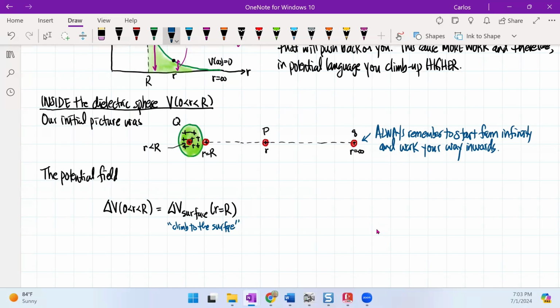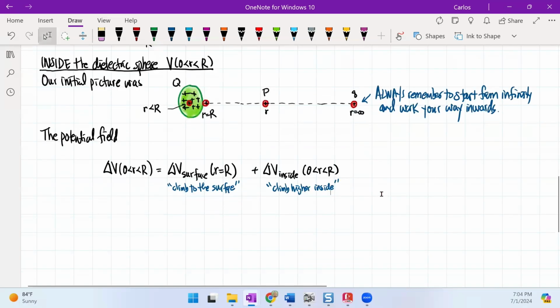Once I climb to the surface, now I can climb into the surface. Then I'm going to have a second term that tells me I'm now inside, between here and there. So I would expect there's a contribution. Now I'm going to climb higher inside, and that's because we know there's enclosed charge.